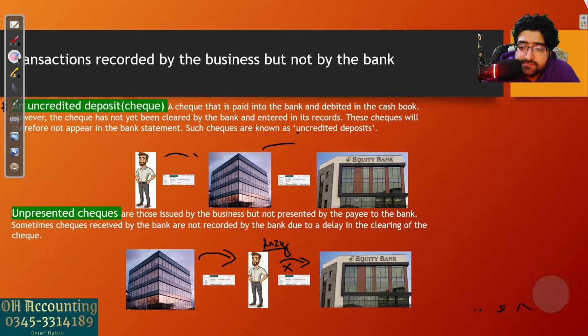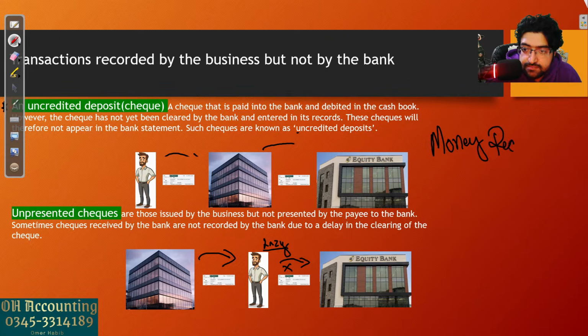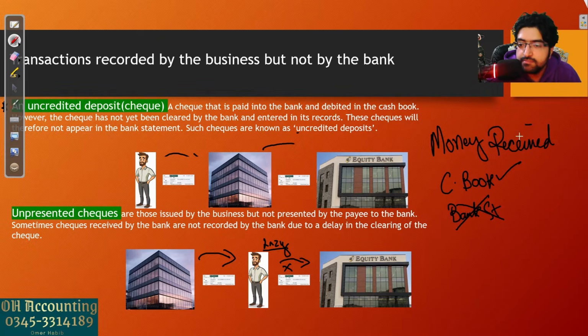Leave all this. The important point which I want to make is, uncredited deposits are the money that you receive. Money received which is showing on cash book, but missing from bank statement. On the other hand, unpresented check is money paid.